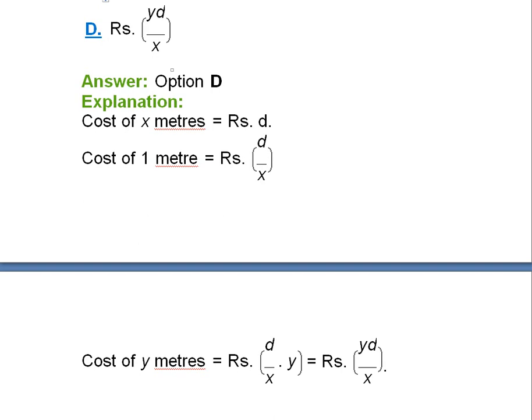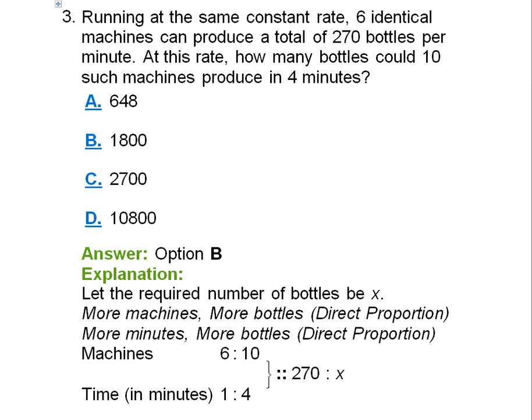Running at the same constant rate, 6 identical machines can produce a total of 270 bottles per minute. At this rate, how many bottles could 10 such machines produce in 4 minutes? So let the required number of bottles be x. More machines, more bottles, directly proportional. More minutes, more bottles, that is also directly proportional.